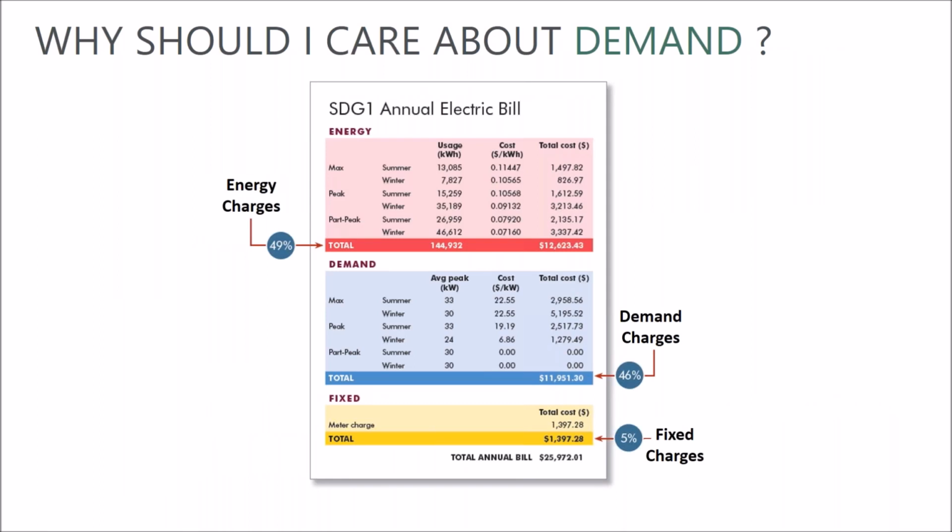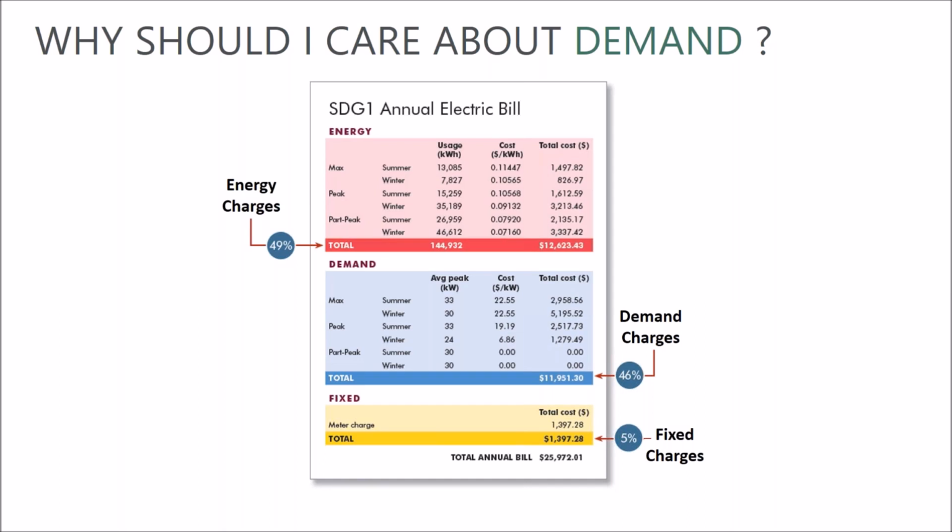So why should people care about demand charges? Well, if you look at this bill, this is an actual representative bill. This is summing up the annual bill for an affordable housing property in San Diego. And you'll see here the breakdown of charges. There are energy charges, which most folks are familiar with, but it's the per kilowatt hour. And there are fixed charges, which you can't do a whole lot about. They're just charges that you get charged by the utility each month.